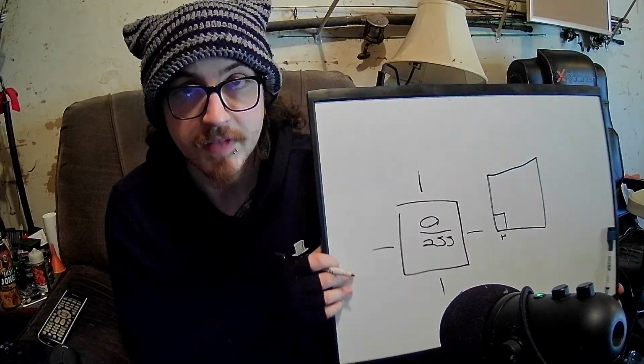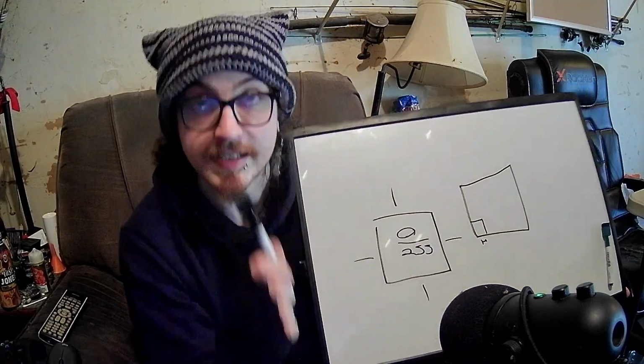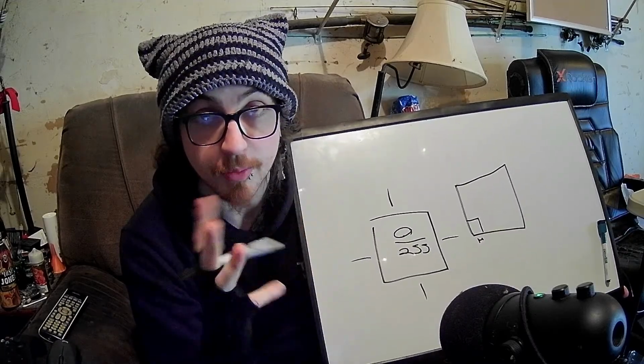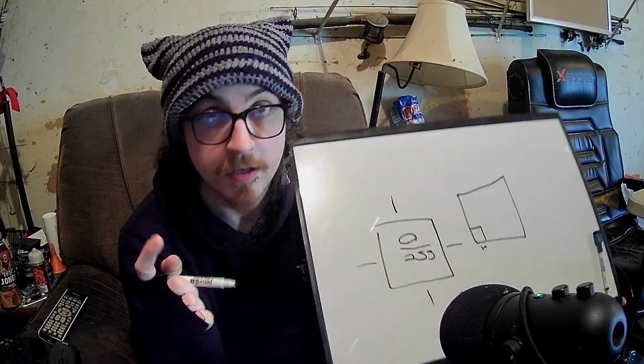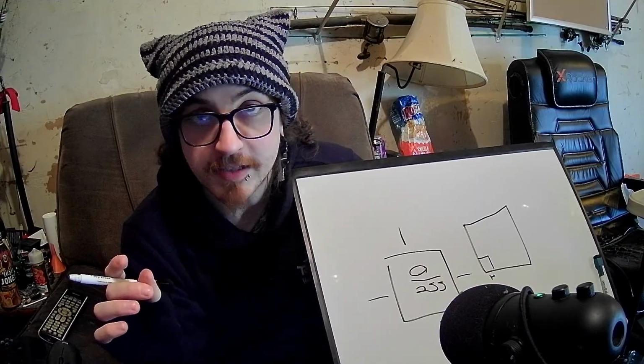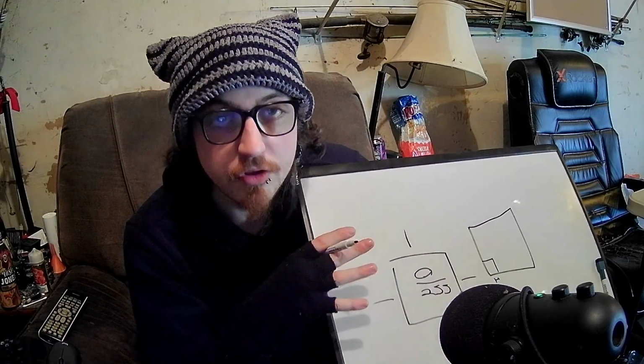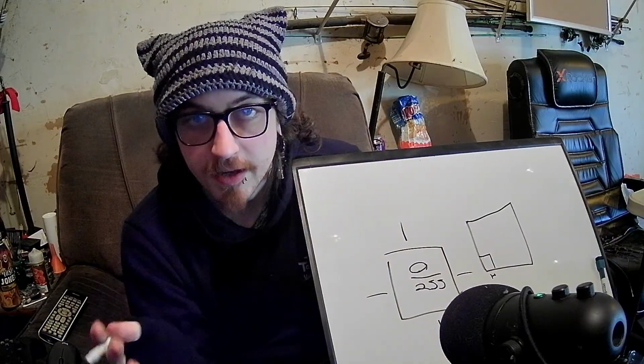So you see here, 0 to 255. That's a very specific number for 3 reasons. Number 1, you can condense all of the pixel spectrum into 0 to 255 value.